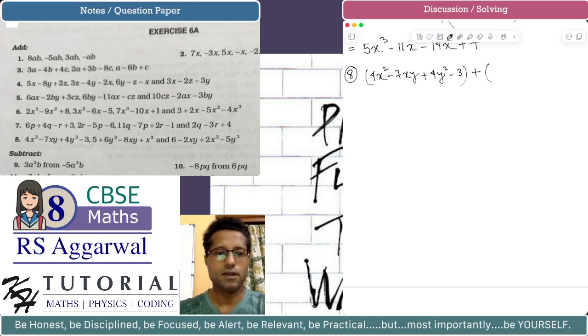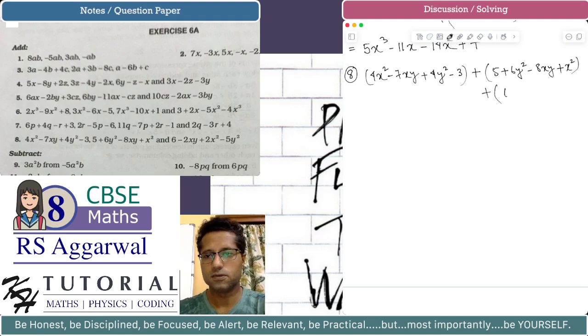And then the next algebraic expression is 5 plus 6y square minus 8xy plus x square. And the third algebraic expression is 6 minus 2xy plus 2x square minus 5y square.